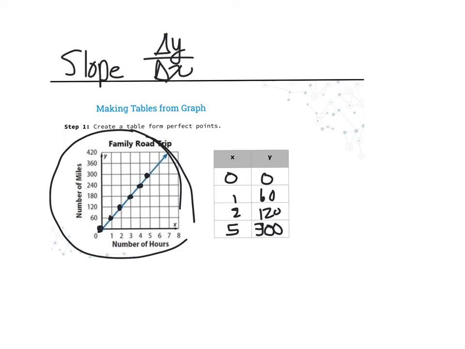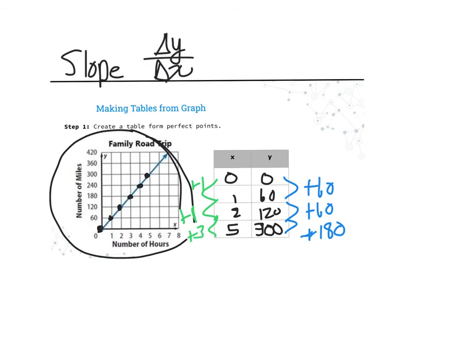Again, we're going to apply our formula here. How do I go from 0 to 60? I'm adding 60. 60 to 120, adding 60. 120 to 300, plus 180. Looking at the change in x here, plus 1, plus 1, plus 3.